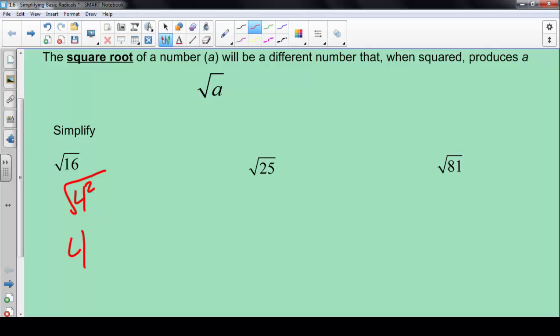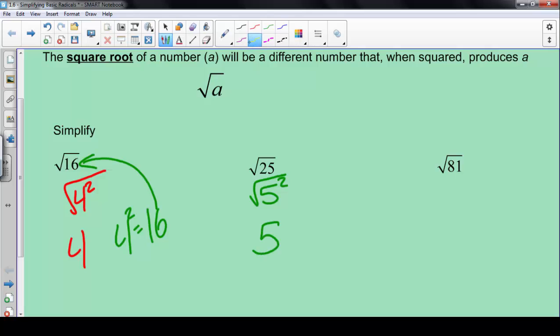Because if we look at it by our definition, when we squared 4, we got 16, which just gets us back to this number. Square root of 25, we can think of this as 5 squared. 5 squared is 25, so the square root of 25 is 5, because it's the number that when we squared it, got us back to our 25.